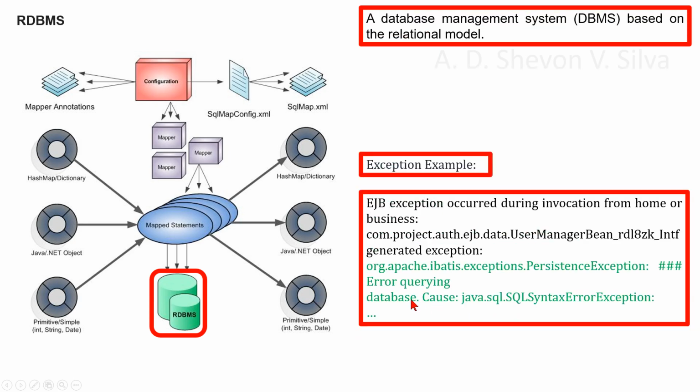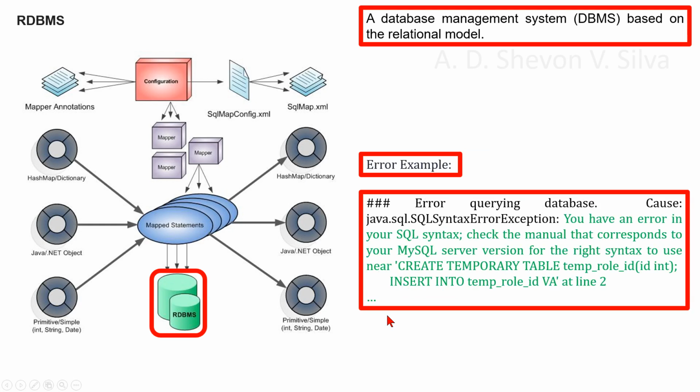As an exception example, we can consider this: org.apache.ibatis.exceptions.PersistenceException, error querying database, cause: java.sql.SQLSyntaxErrorException, etc. As an error example, we can consider this: you have an error in your SQL syntax.